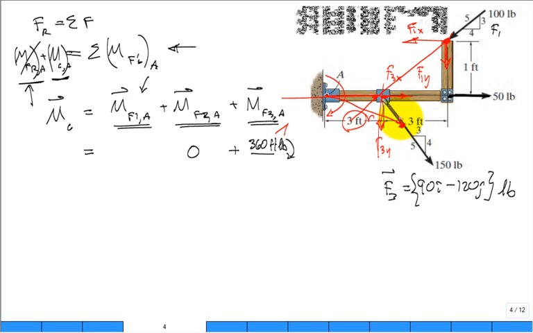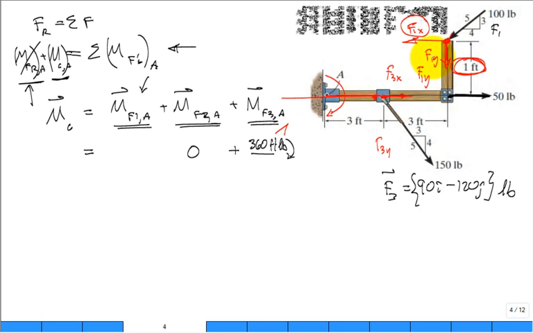And then I notice that I'm going to have to sum two components here. I'm going to have a perpendicular distance, that moment arm distance, of 1 foot for F1x, and I'll have a distance of 3 foot plus 3 foot, or 6 foot, for F1 in the y.